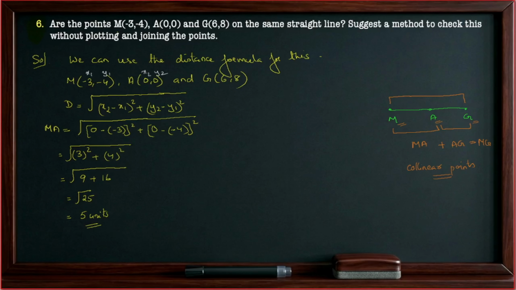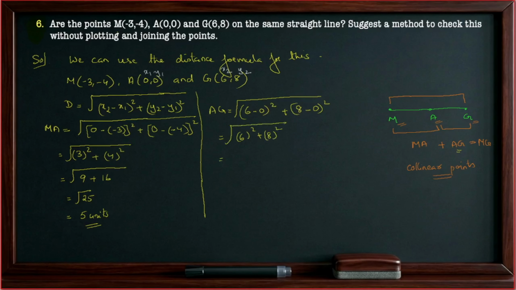Now, next we have to find AG. AG is equal to, so here A is x1, y1, and G is x2, y2. So we can write it as root of x2, which is 6, minus 0, the whole square, plus y2, which is 8, minus y1, which is 0, this whole square, which is equal to 6 square plus 8 square, then root.